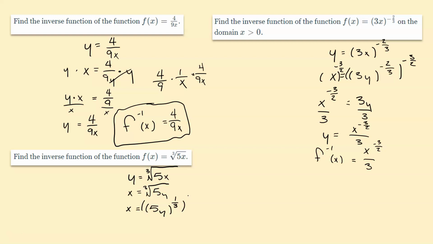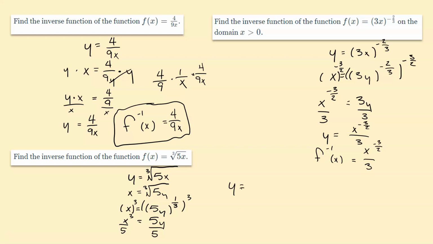I can raise both sides to the 3rd power instead, because what that does, remember when you raise an exponent to another exponent, they multiply. So 1/3 times 3 I know is 1. So that simplifies this right side to just be 5y to the 1st power. Left side, x to the 3rd power. Then I can divide 5 on both sides.